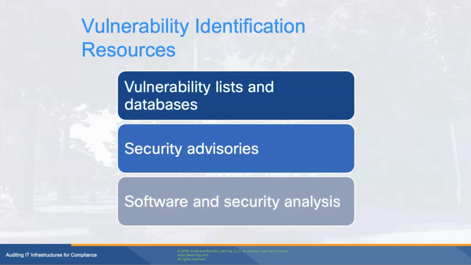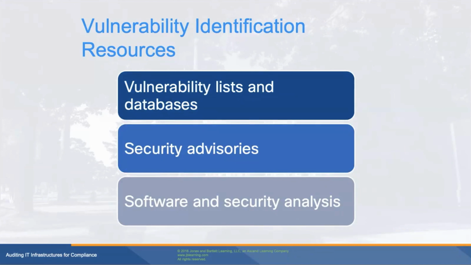Some of the resources that we can use to identify vulnerabilities are databases on the internet that give us a list of vulnerabilities and the associated risk with those vulnerabilities.